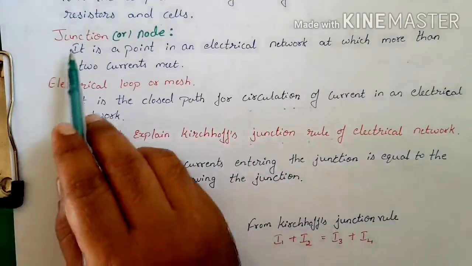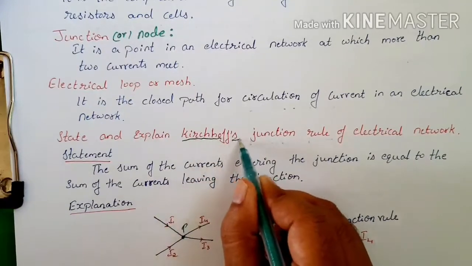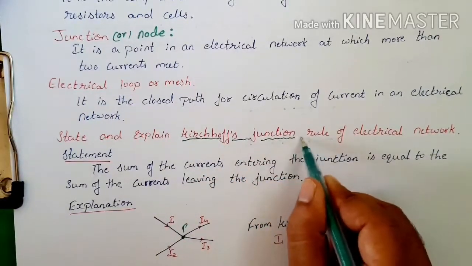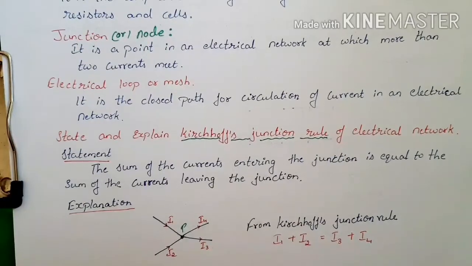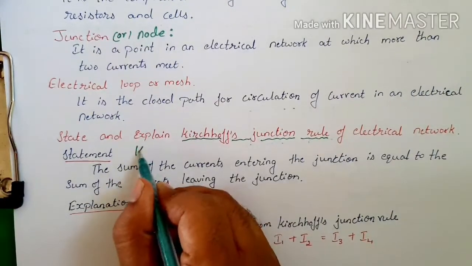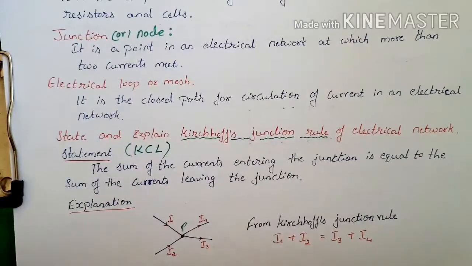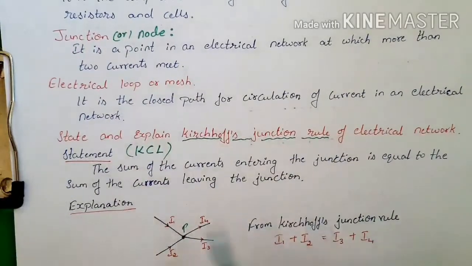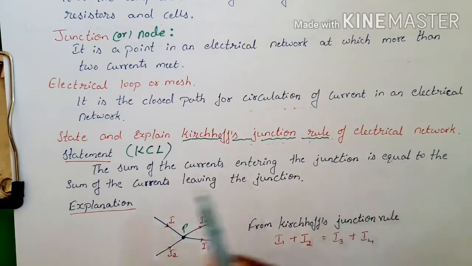Based on the junction, we have Kirchhoff's junction rule. Very important. Kirchhoff's junction rule or node rule, also called KCL, Kirchhoff's current law. The meaning of this law is that the sum of the currents entering the junction is equal to the sum of the currents leaving the junction.